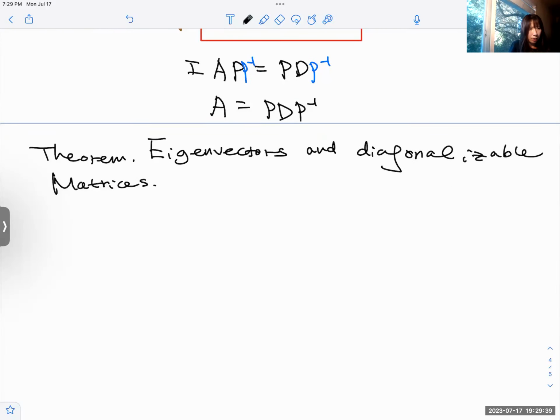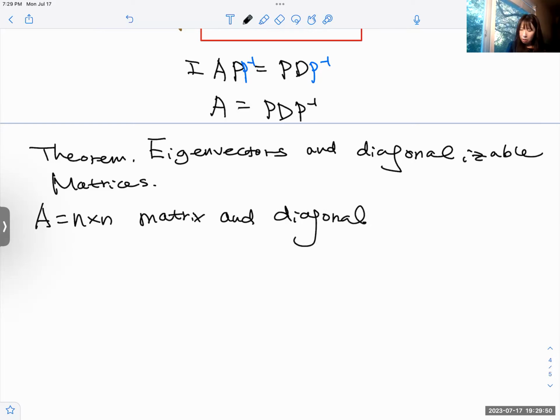A is an n by n matrix and diagonalizable if and only if. So let me denote if and only if like that, right? Yeah, we're gonna do that. All right. So we're gonna find the P, we're gonna find the D in here.